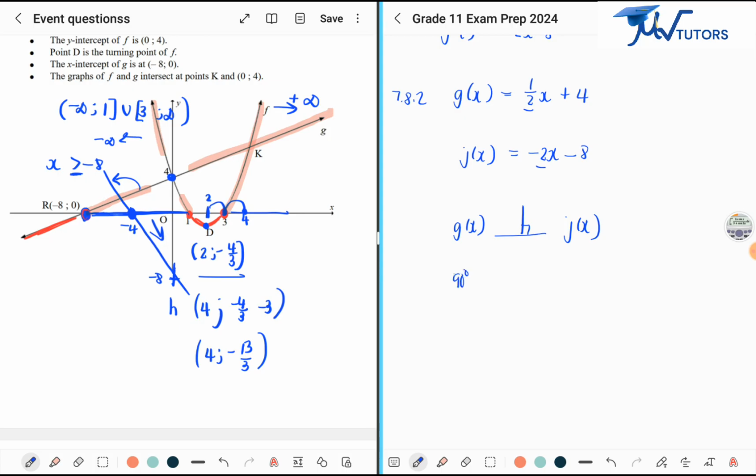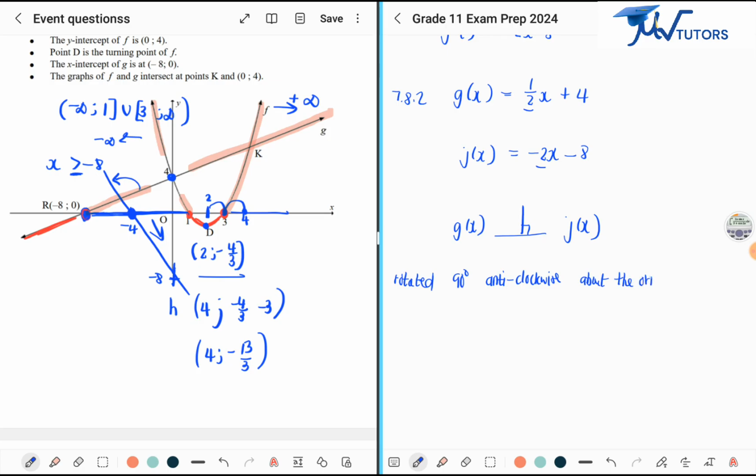So that's the description I would say. It rotated 90 degrees anti-clockwise about the origin.